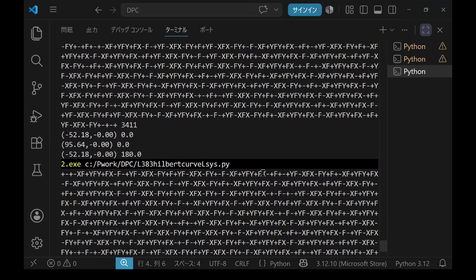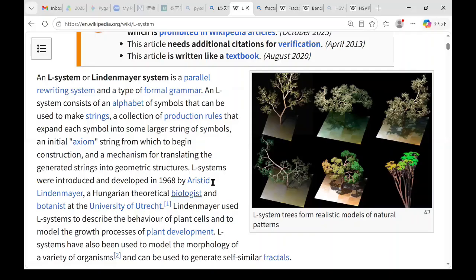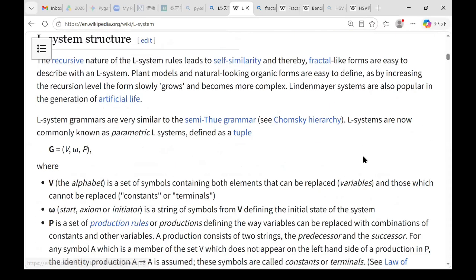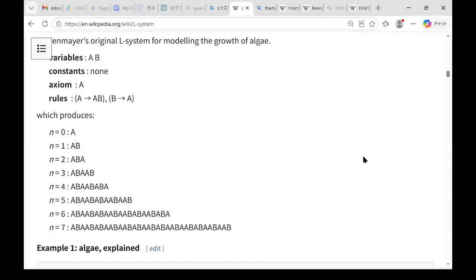And then we have very complicated shapes. And this goes to draw these plant figures of cedars or other parts. So please take a look if you're interested.